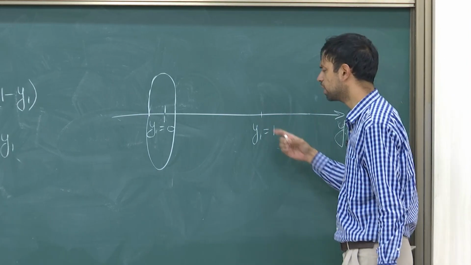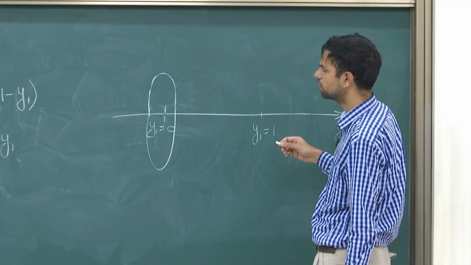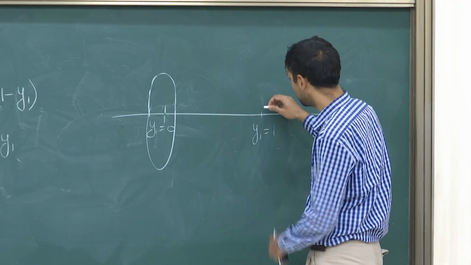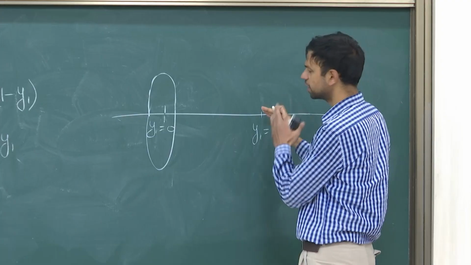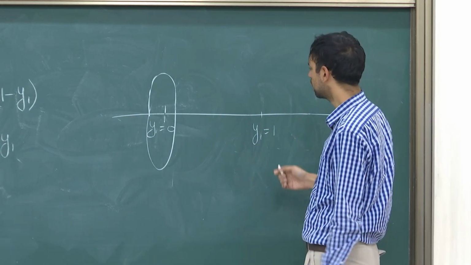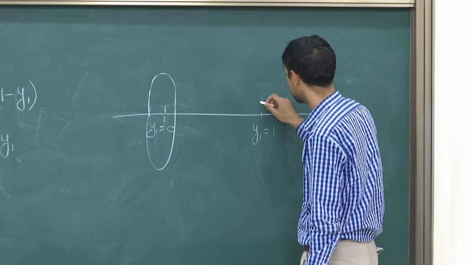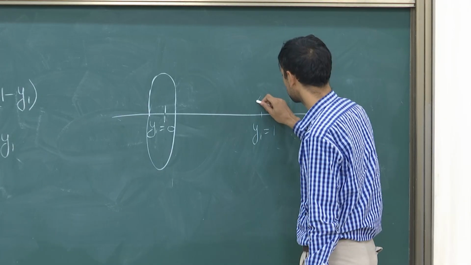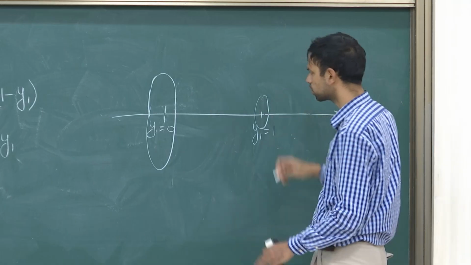And at y1 equal to 1, it might be an ellipse which is elongated in the other direction coming out of the board, and thinner in the other one. Something like this, it looks like.